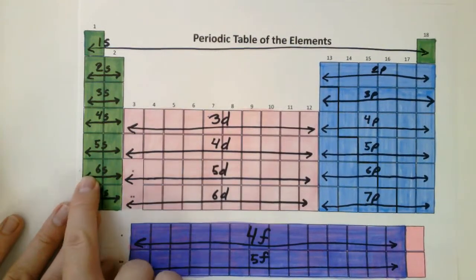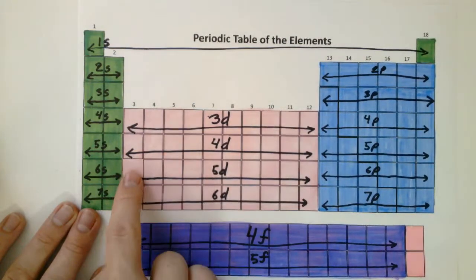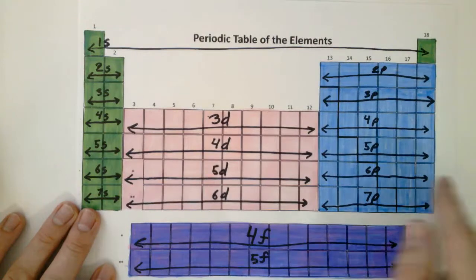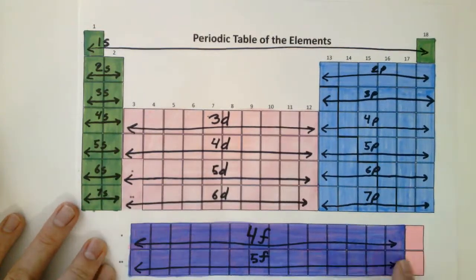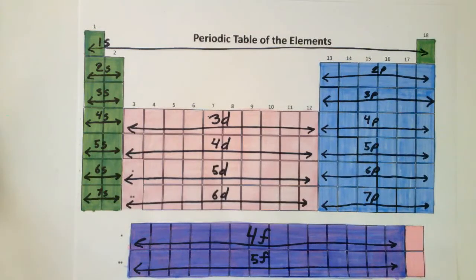Now notice after you put them in your 6s, then you put them in your 4f, and then you go back to 5d, then 6p, then 7s, then back down here, and through. And so we can use the periodic table as a way of quickly writing electron configurations.